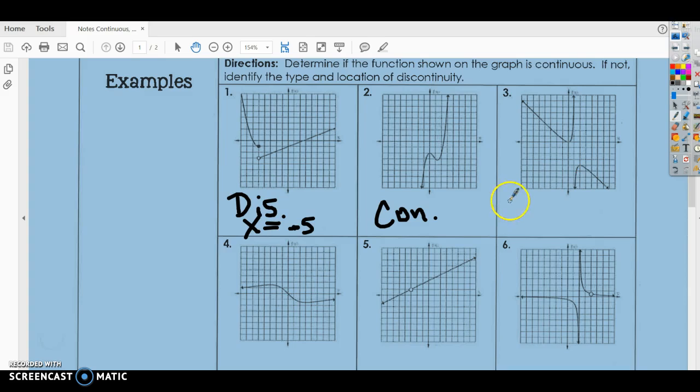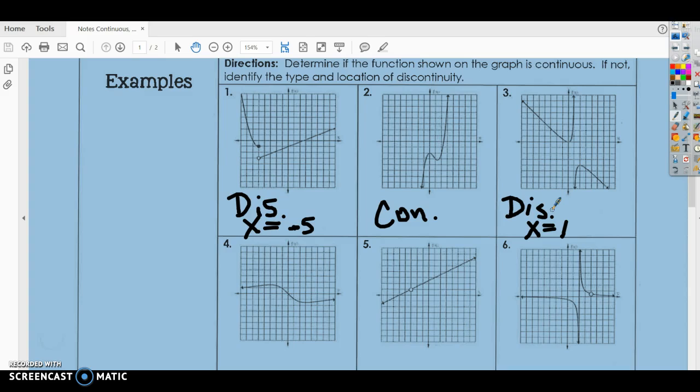So this is called an infinite discontinuity. So this one is discontinuous as well. Okay. If you look, this line approaches 1. This line also approaches positive 1. So I'm looking at my x value here. So where x equals 1 is where it would be discontinuous.